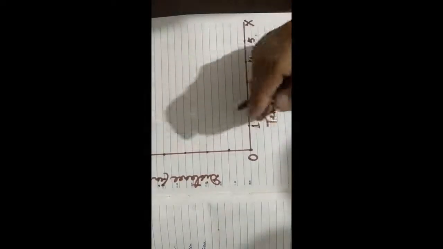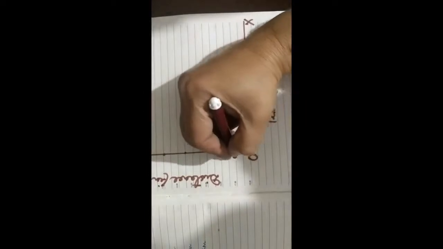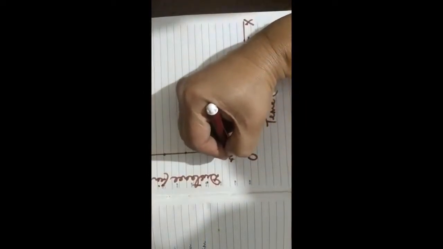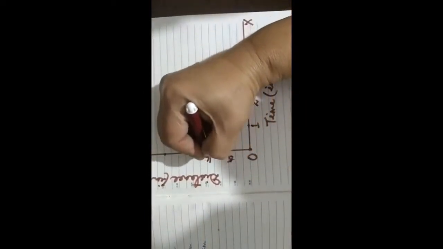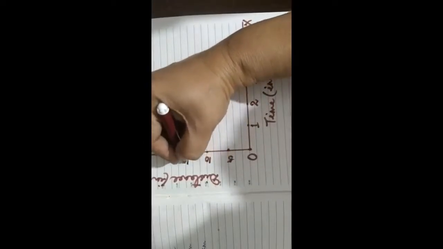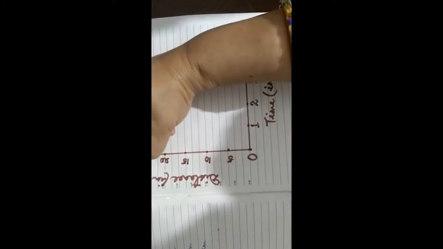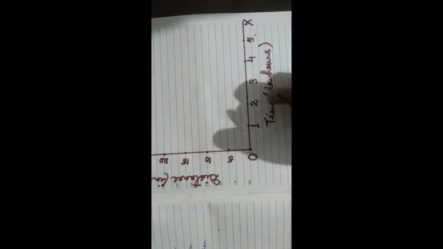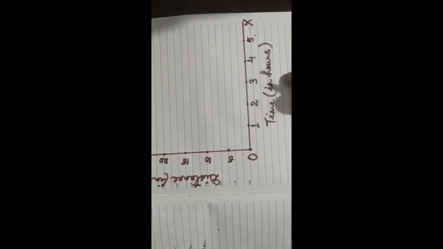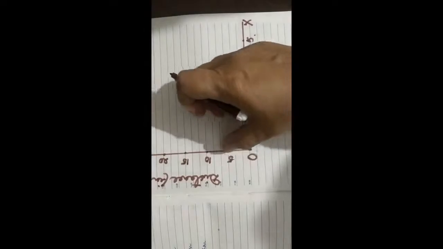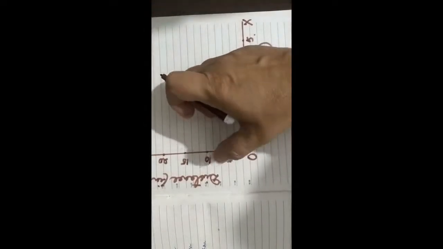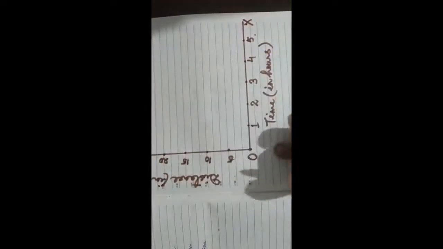And in distance, you mark it as 5 kilometer, 10 kilometer, 15 kilometer, 20 kilometer, 25 kilometer. Clear? Now it is clear that 1 centimeter is representing 1 hour, whereas 1 centimeter is representing 5 kilometer. Clear to you now?